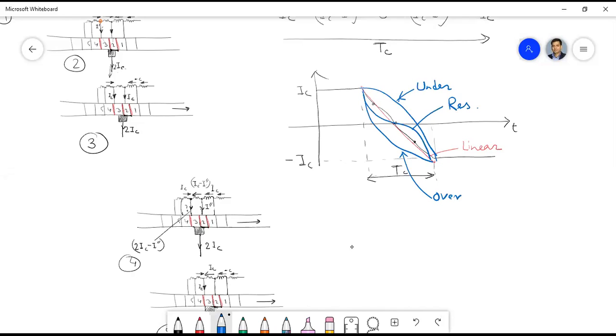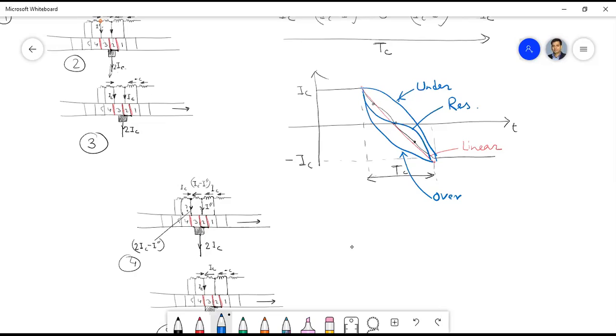So this is how we can get different types of commutation, this change of current from plus Ic to minus Ic. That depends on the resistance of the coil and the resistance of the contacts. Contacts means between the carbon brush and the coil there is a contact resistance. So it also depends on that.